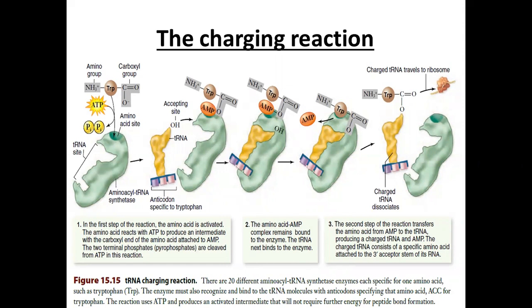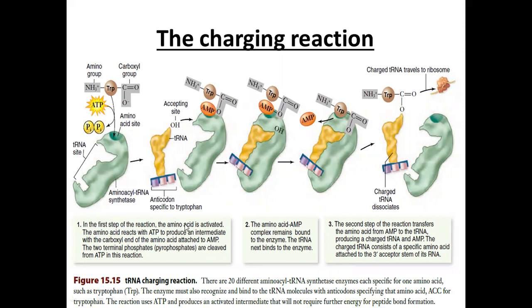These enzymes must be able to recognize specific transfer RNA molecules, as well as their corresponding amino acids. This reaction, which is catalyzed by this enzyme, is what is called the charging reaction.